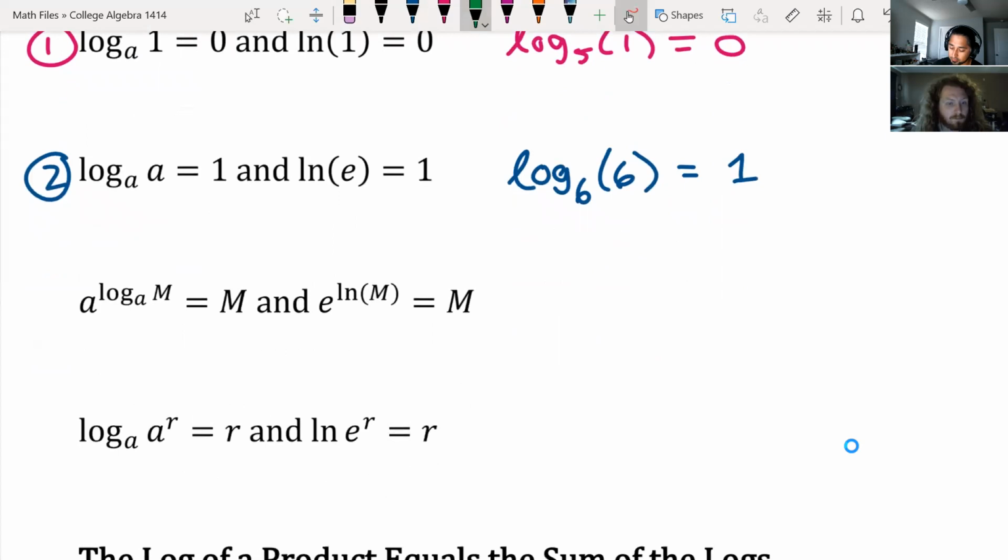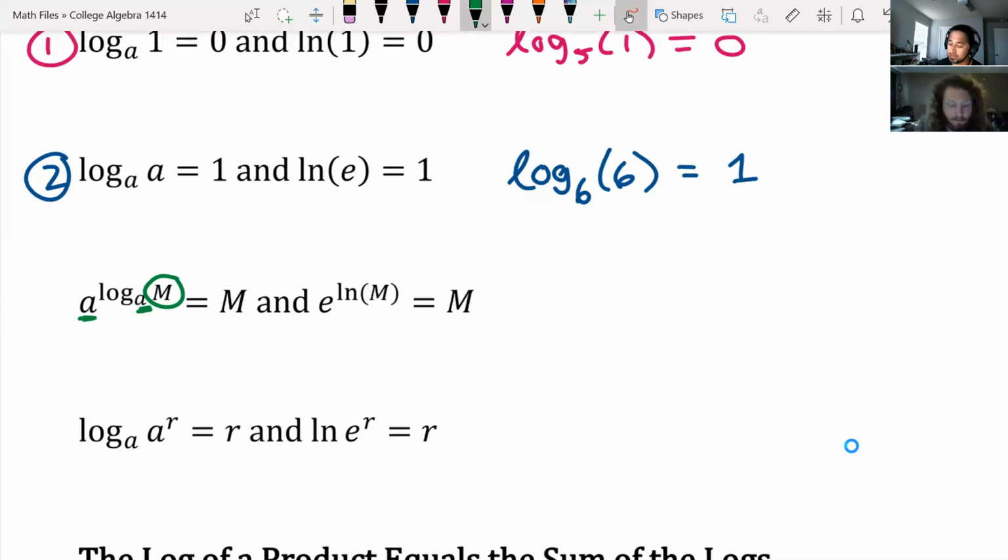3. A raised to the log base a of m is equal to m. So now if you have an exponential function being raised to the power of a log, if their bases are the same, then they will cancel and leave you with the value that's inside the log, m.